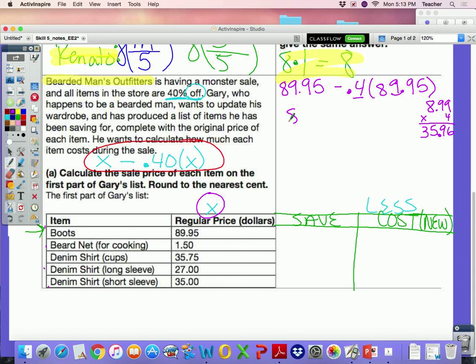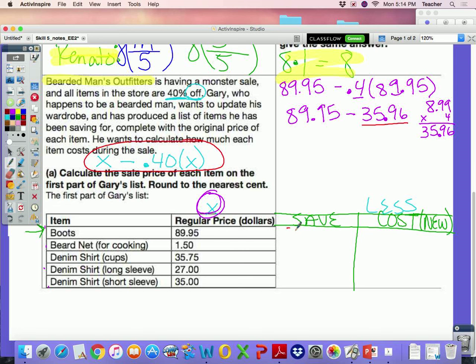Okay. But we have to bring it back to our expression. So now we have $89.95, the original cost, minus $35.96. Well, what does that $35.96 represent? That's how much we saved.